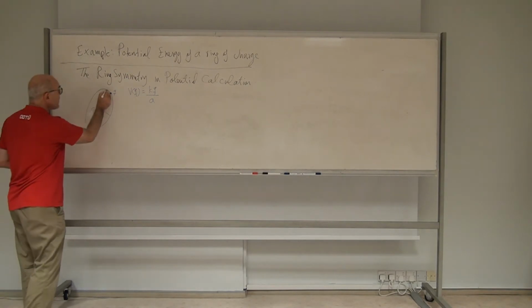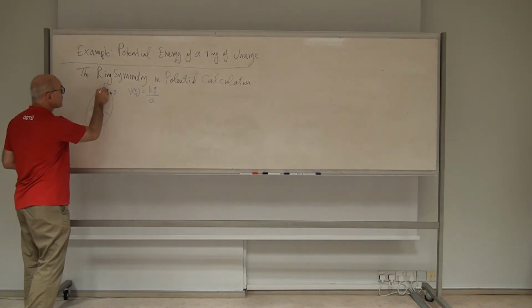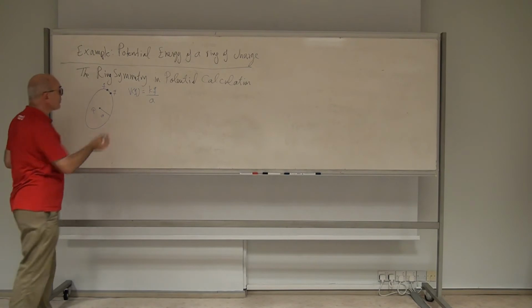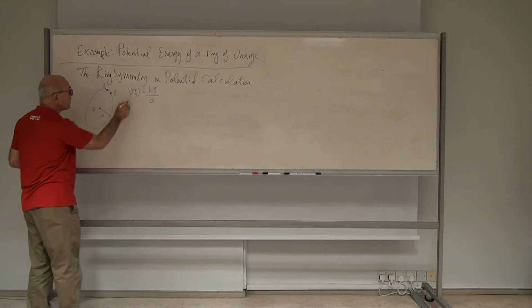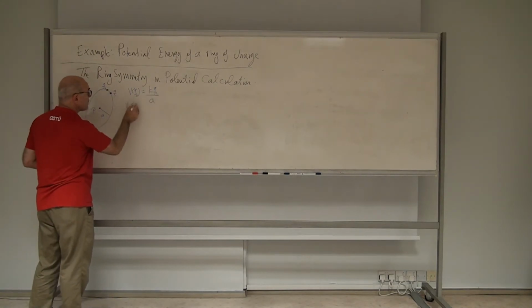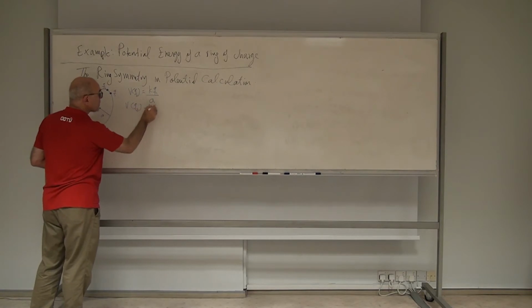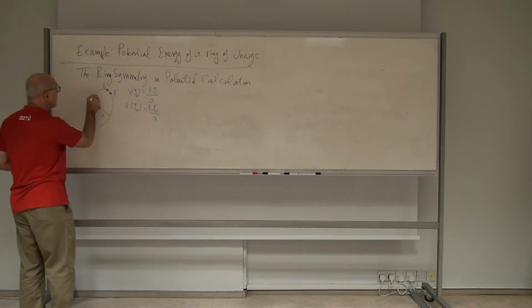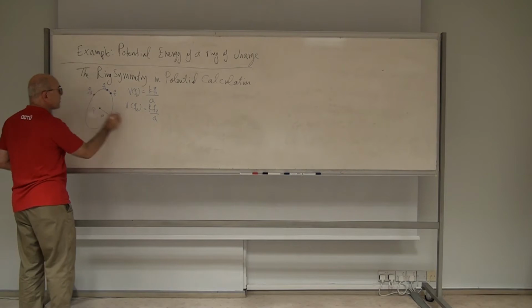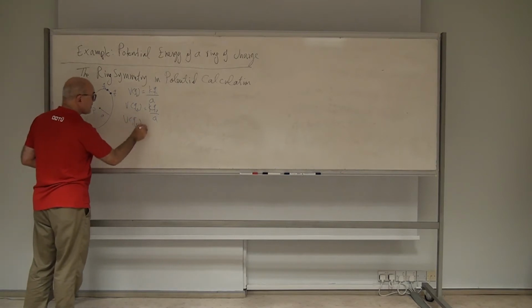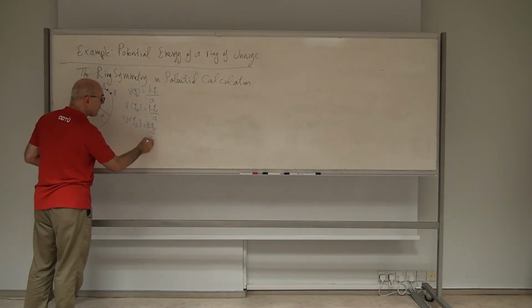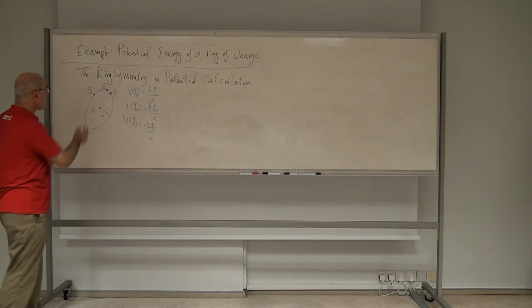Now, what if I have another point charge here? So if you like, call this Q1 and Q2. So this is VQ1. What about VQ2? VQ2 is also KQ2 over A. Take another charge, Q3. So VQ3 is equal to KQ3 over A. And so on and so forth.